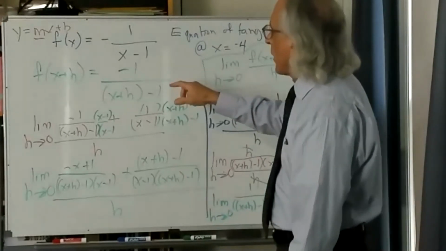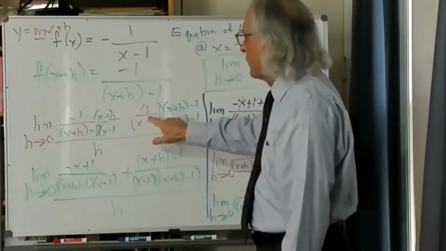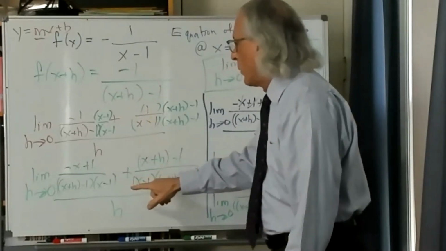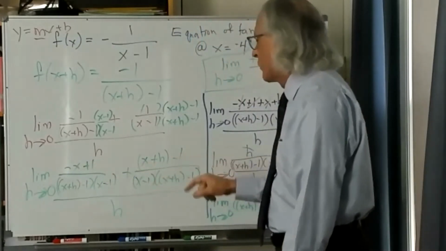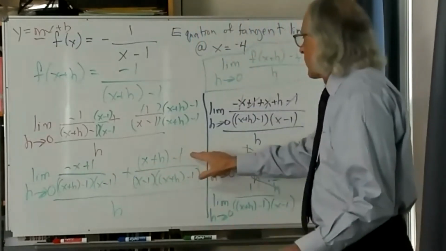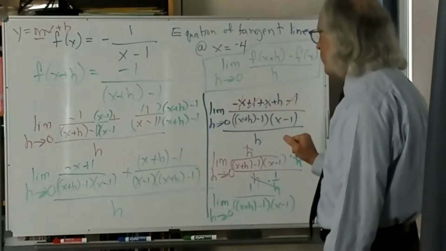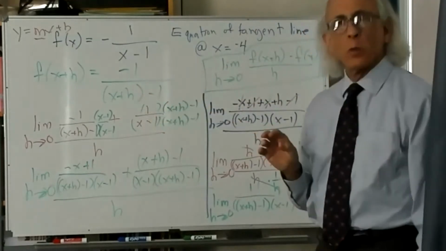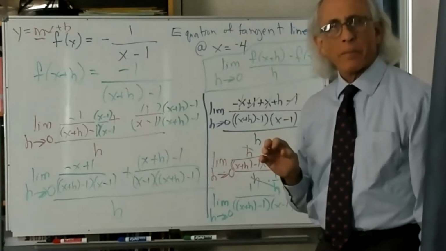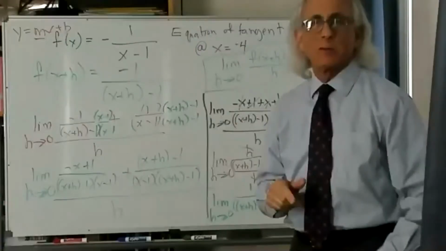F of x plus h. We change this to positive, right? I had negative x plus 1 plus x plus h minus 1. And so when we started canceling out the x's and the 1s, that negative sign went away. Okay. Yes, at least I think it did. We're going to graph it and make sure I didn't make a mistake.